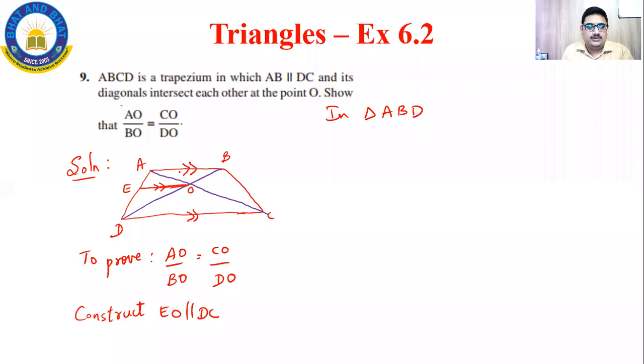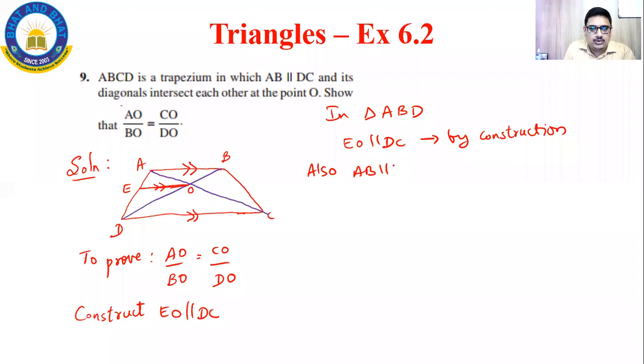So ABD. So in triangle ABD, what do we get? We know, observe students, very important. EO is parallel to DC by construction. Also, AB is parallel to DC. This is given. So by observing these two, therefore, what can I say?